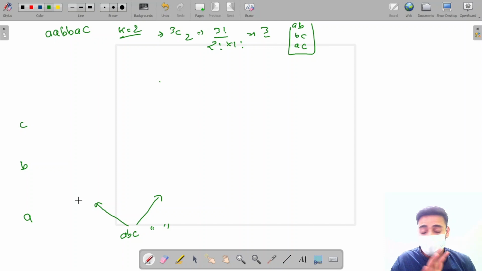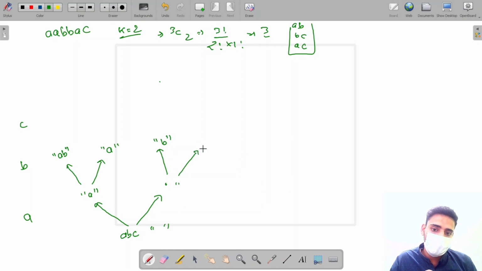If A comes to our answer, the answer string will be A. If it doesn't, it will be blank. Now the second level. Again we have 2 possibilities, either B comes or not. If B comes, the answer will be AB, and if it doesn't, the answer will be A. Here also, if B comes, it will be B. If it doesn't, it will be blank, right?